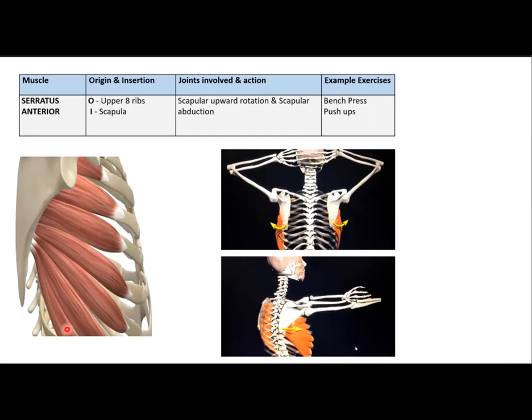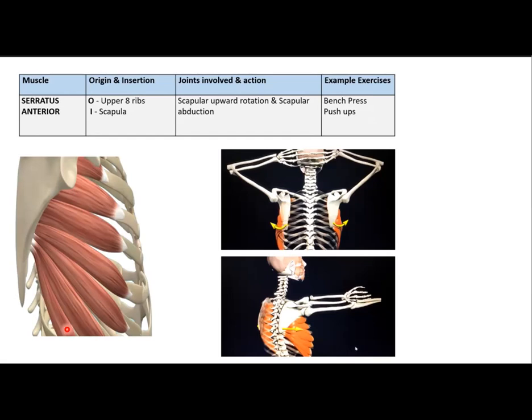All right, there's another muscle called serratus anterior, and that one is always assisting when you do push-ups or bench press. It depends: when you do a bench press and you go into protraction, you are working your serratus a little bit more as well.